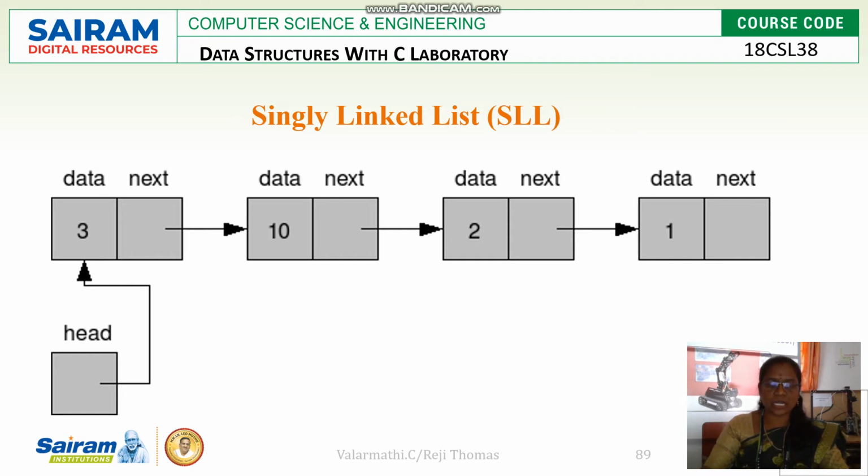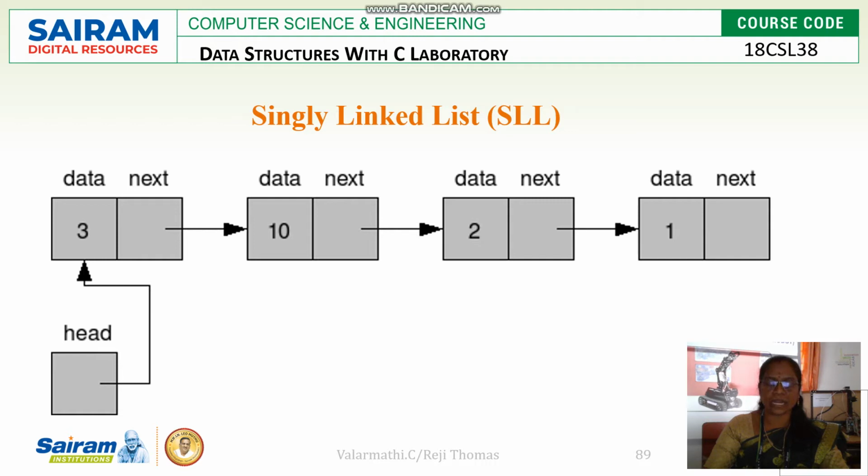So this is one diagram. It shows an example of a singly linked list. Here 3 is the first data. It is connected with the help of head. So a singly linked list always starts with the header node. The header node points to the first element in the list. Likewise, this 3 is the first element, connected with the head.